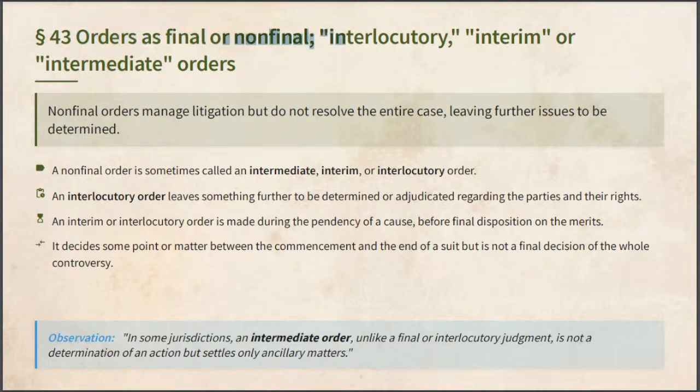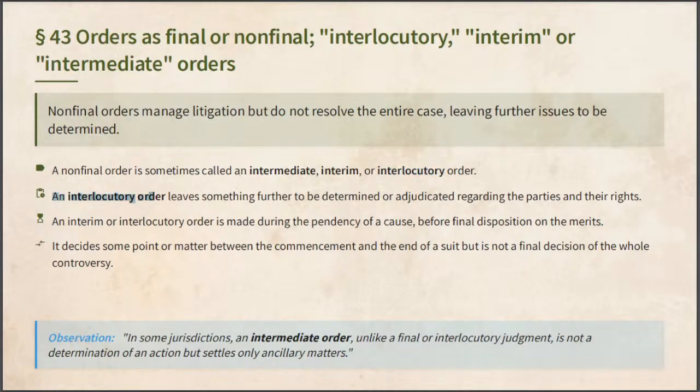Orders: final or non-final, interlocutory, interim, or intermediate orders. Okay, now let's split some hairs. Non-final orders manage litigation, but do not resolve the entire case, leaving further issues to be determined. A non-final order is sometimes called an intermediate, interim, or interlocutory order.